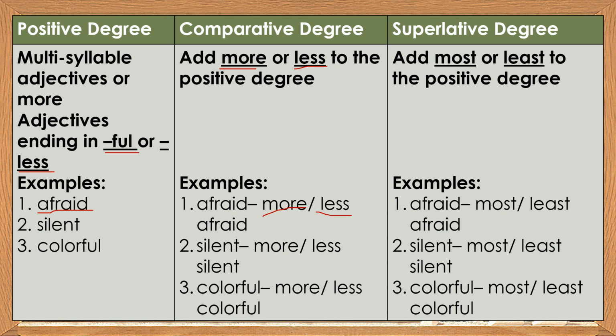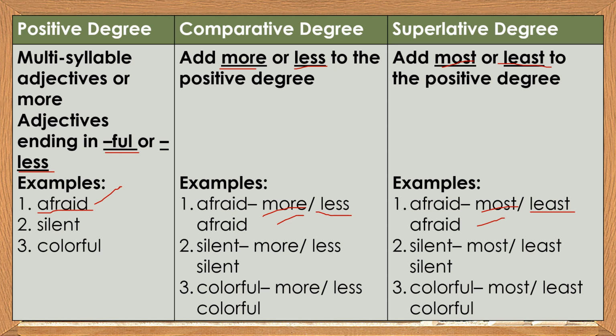And for the superlative degree, we're going to add the word most or least to the positive degree. Say, for example, from our previous word afraid, we're going to say most afraid or least afraid. So again, from the positive degree afraid, we have more afraid or less afraid under comparative degree. And for the superlative degree, we have most afraid or least afraid.